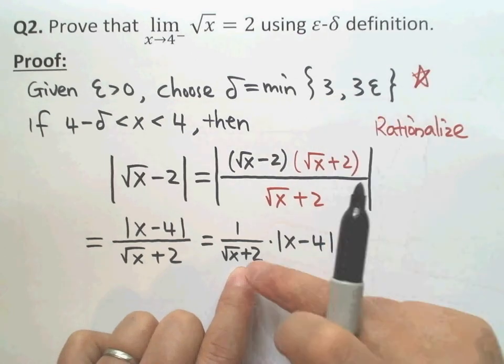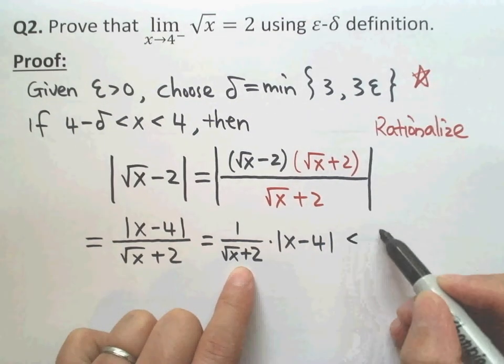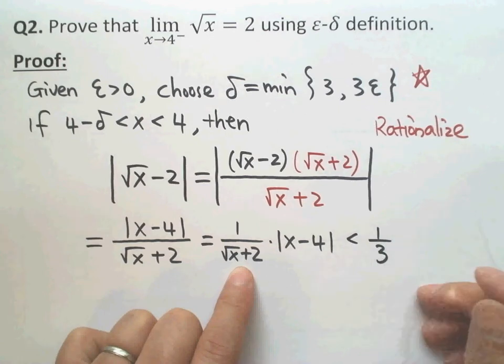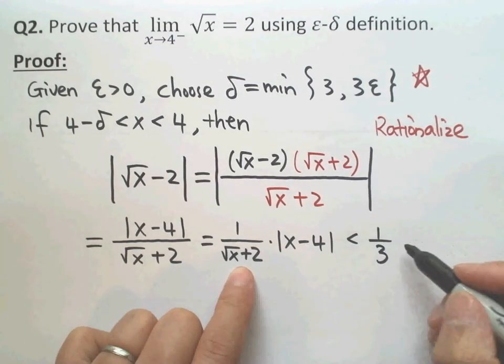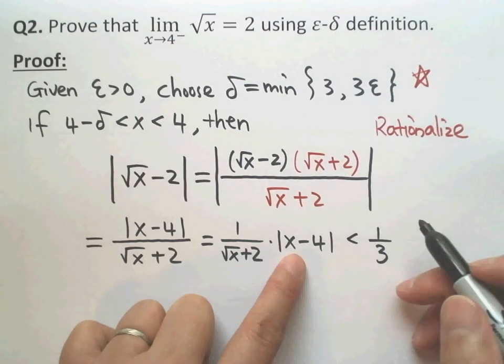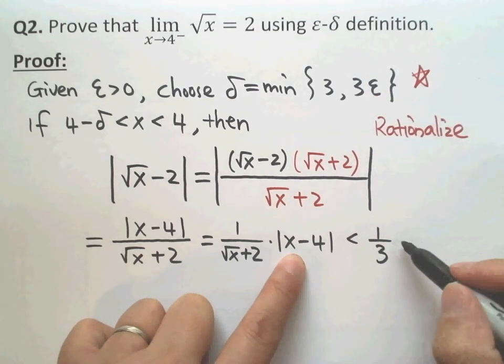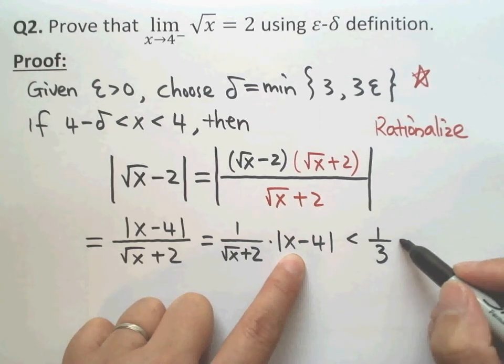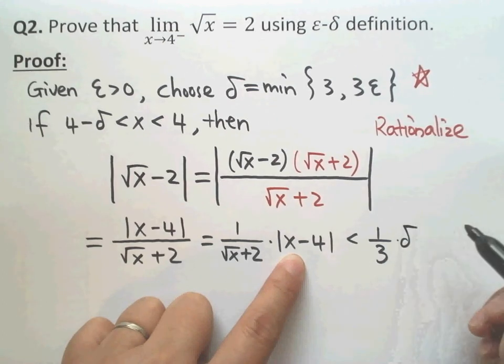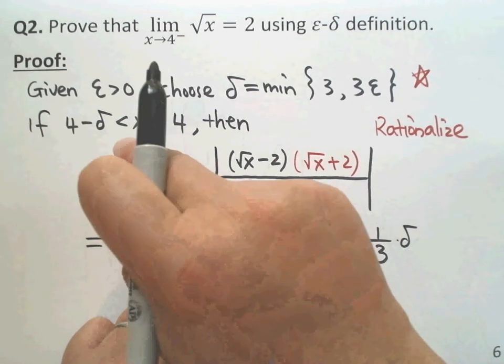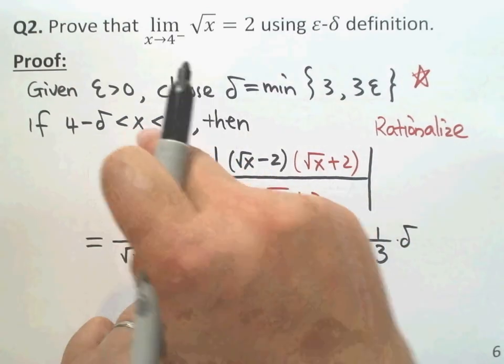As we did, because it's in the 3 neighborhood we wrote before, right? The first part is less than 1/3, and the second part is less than what? The second part is less than 3 times epsilon. I put one more: times delta.